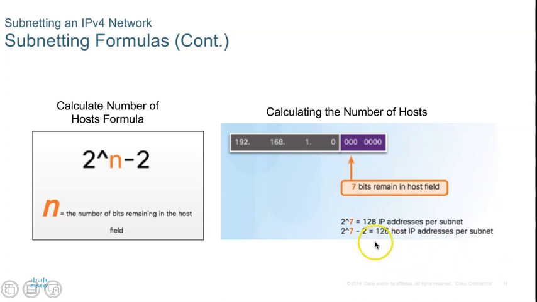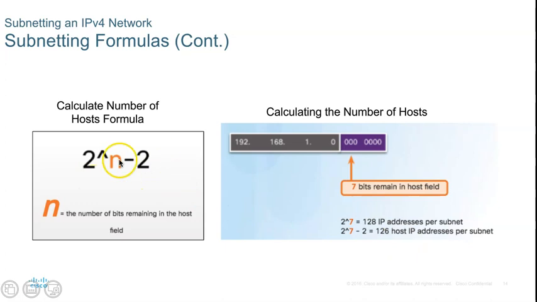Like in this case, if you borrow only 1 bit, you have 7 bits left for the host. 1 bit goes to the new custom subnet mask, and 7 stays. So 2 to the power of 7 will give you 128 IP addresses per subnet, but you can't use all of them. You can't use all 1s and all 0s. So as a result, you do 2 to the power of 7 minus 2, which is equal to 126.